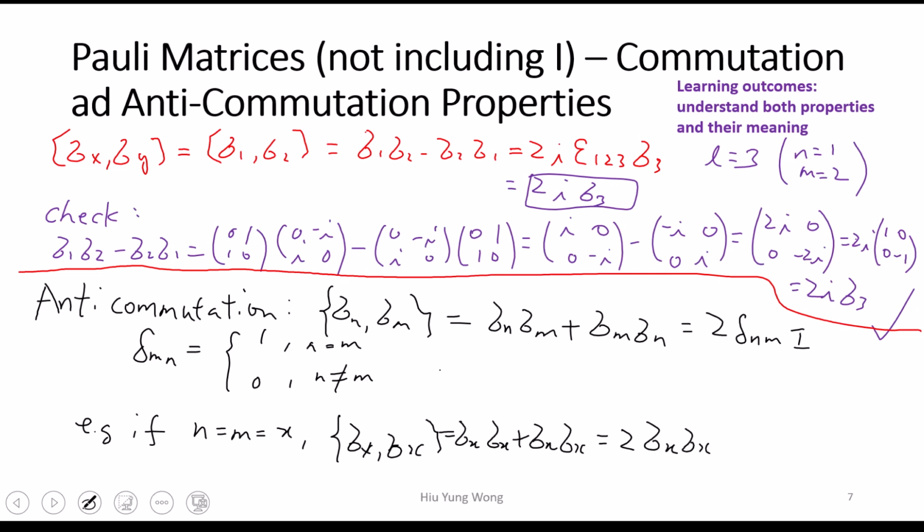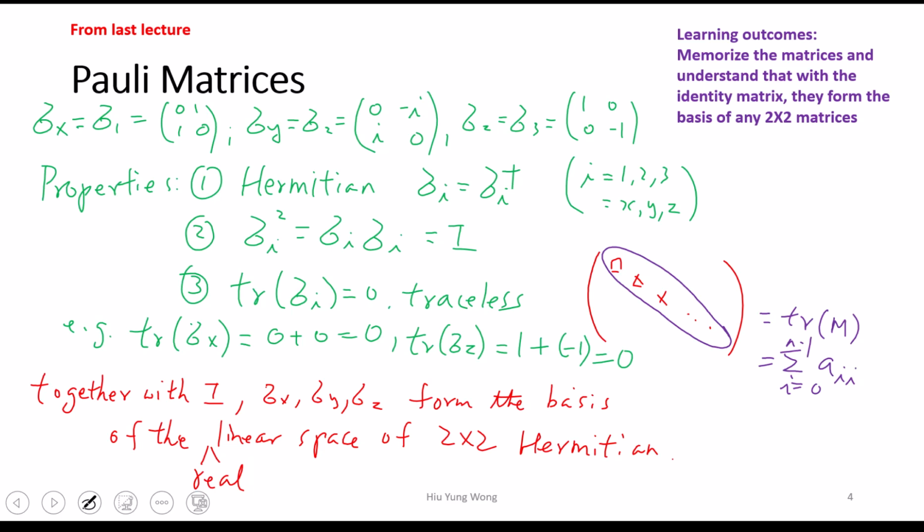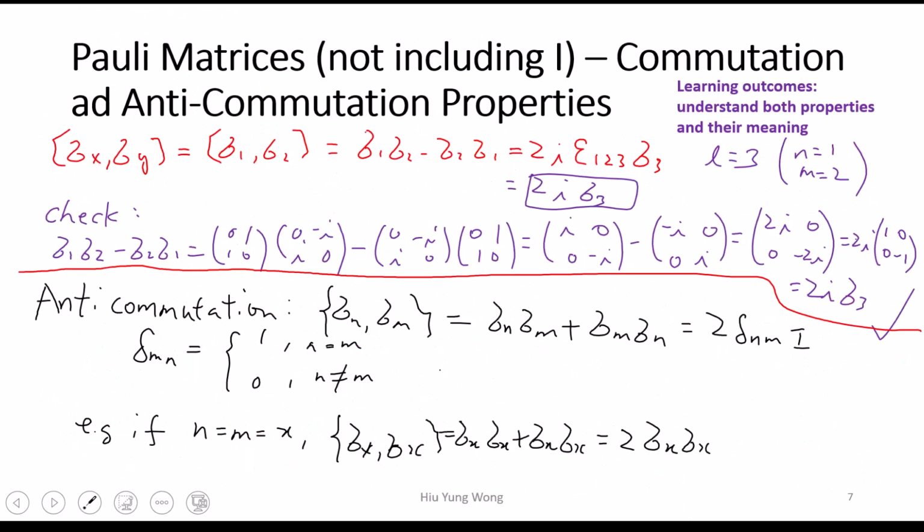What is sigma x times sigma x? It's I, right? That's why I need you to memorize this. So this just equals 2I.